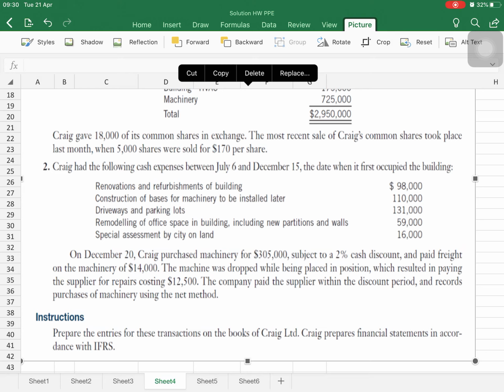Okay. First, here we can see that many things happen, like renovation and refurbishment of building, that's building. Construction of basis for machinery, that's about machinery. Number 3 is driveways and parking lots, it's about land improvements.